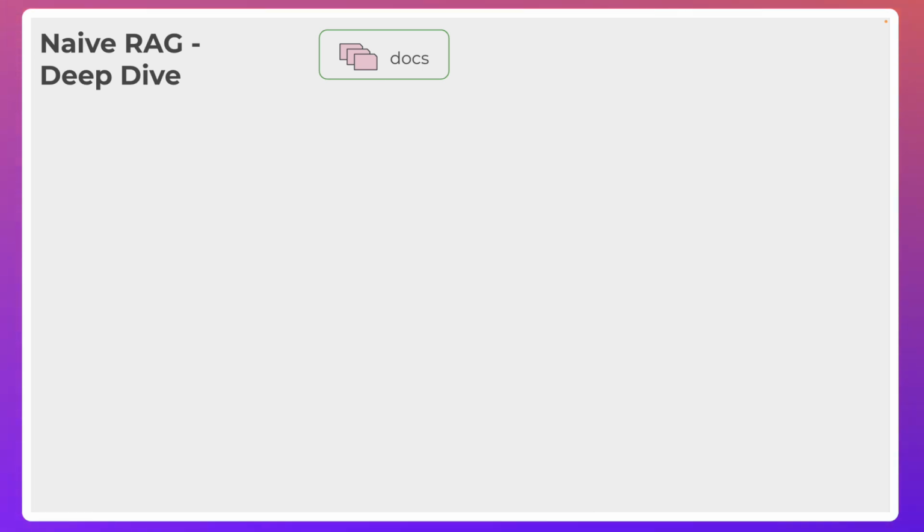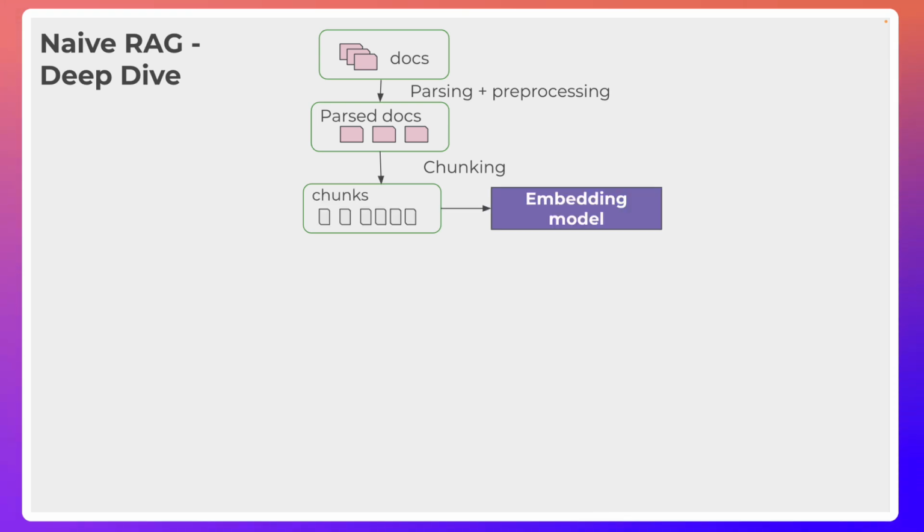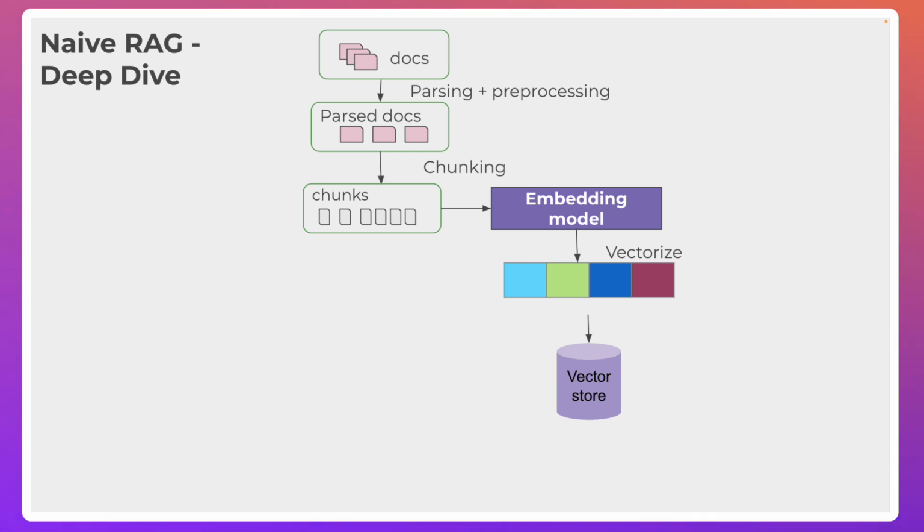We have the documents, and these documents go through the phase of parsing and pre-processing. Essentially, we cut them up into smaller documents. This is the chunking process, and those smaller chunks are passed through the embedding model to create vectors out of these chunks. So we're vectorizing those chunks, and then that is what is saved into a vector store or a vector database.